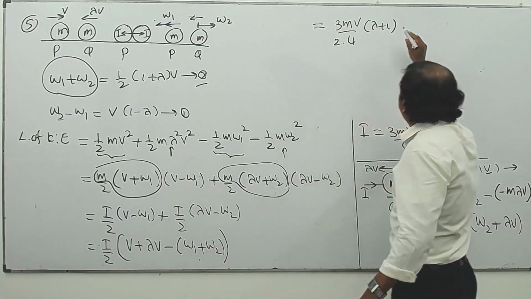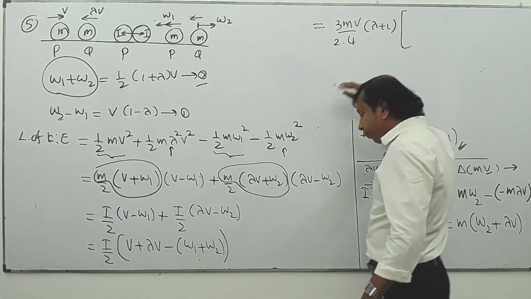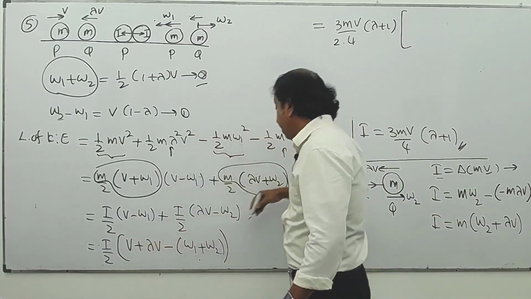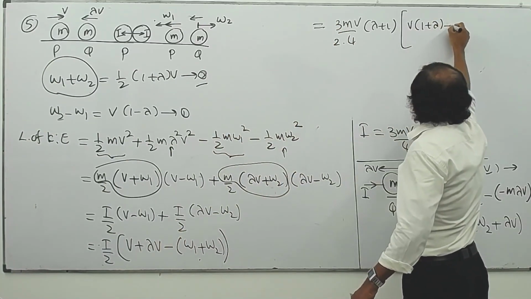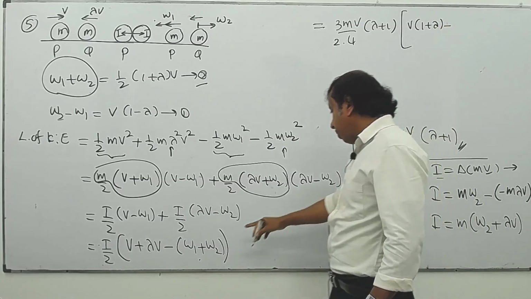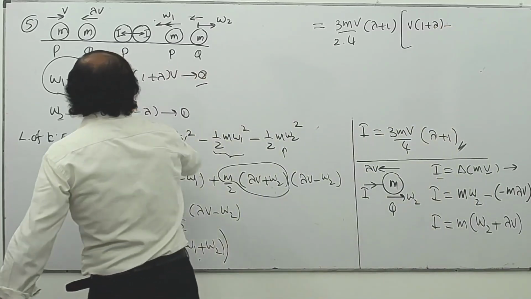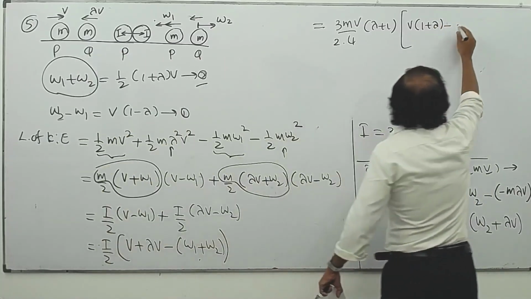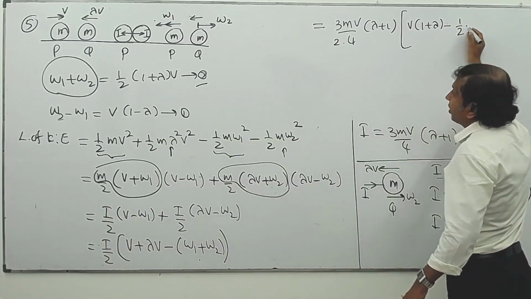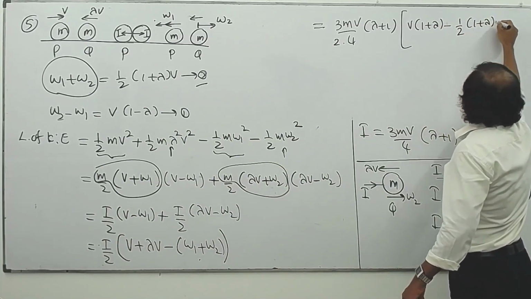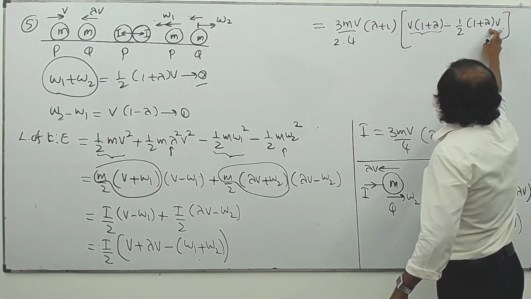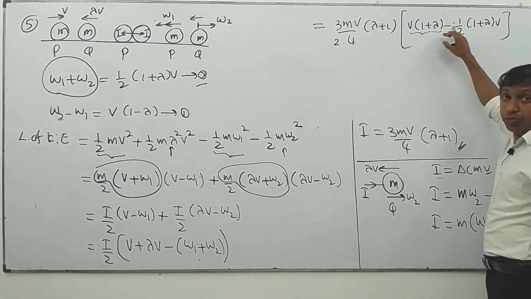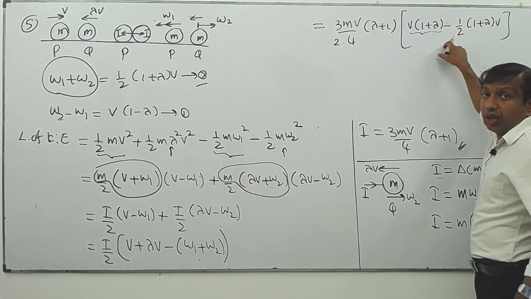Within the bracket now, v plus lambda v, take v out: 1 plus lambda. Minus w1 plus w2 is this, half 1 plus lambda times v. If you take this as x, here we have half x. x minus half x means again half x, x by 2.